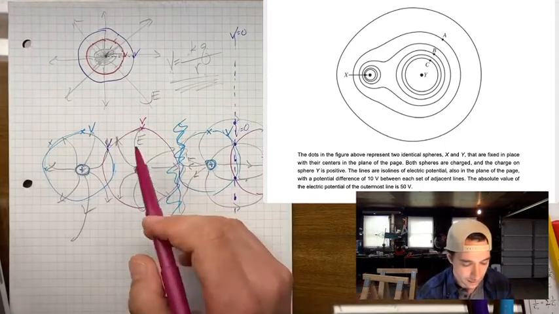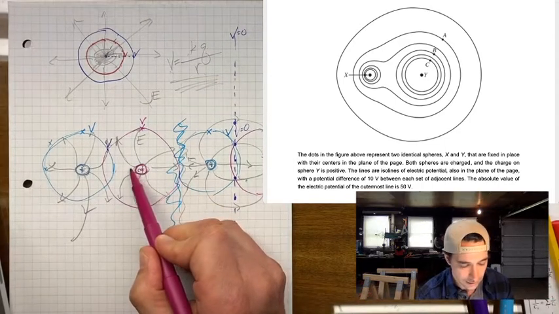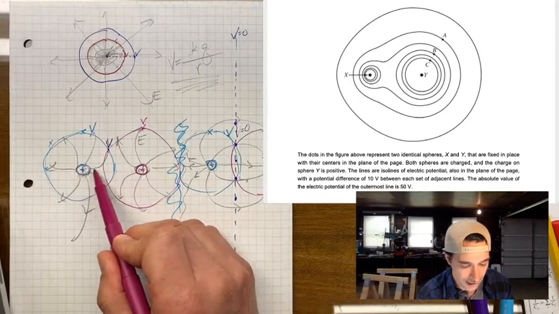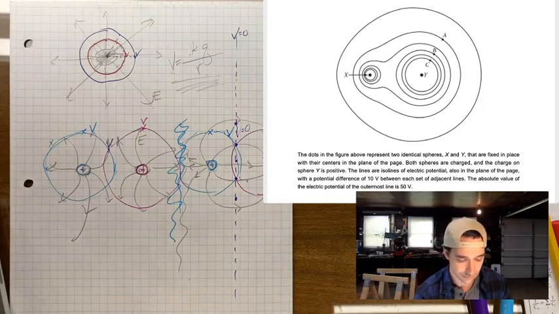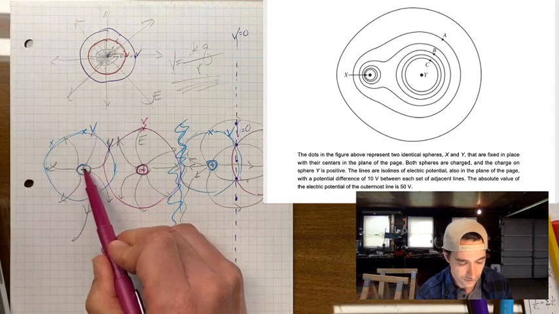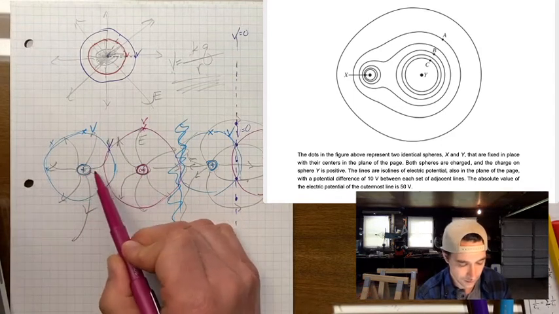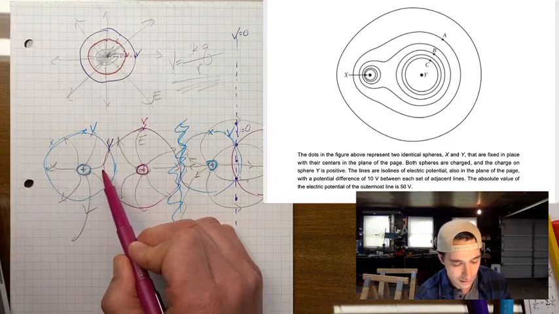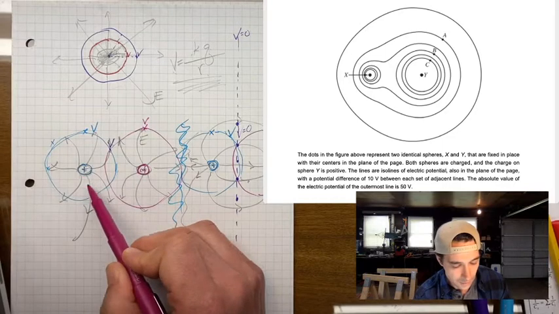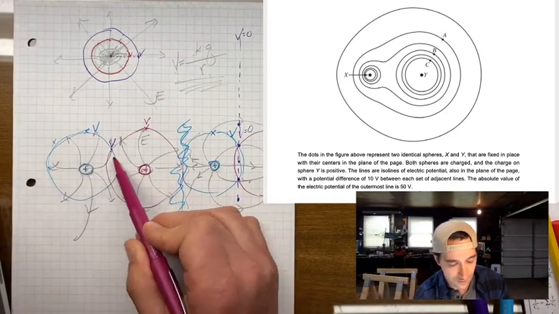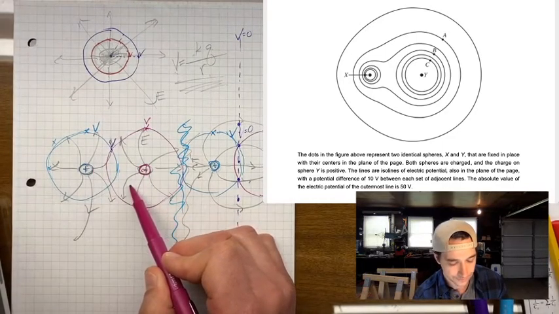This has positive potential, positive potential. Everywhere in between here, there's some positive potential, right? Over here, it's mostly due to this, with a little bit of the pink one added on. Close to the pink one, it's mostly due to the pink one, with a little bit of blue added on. But we have positive potential everywhere in between these two shapes.